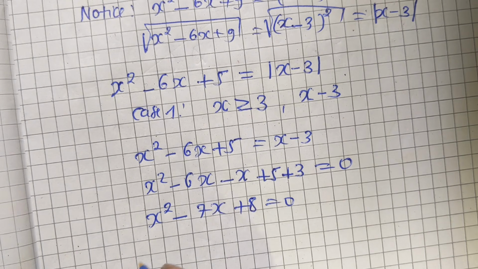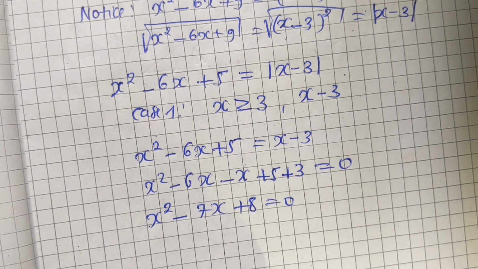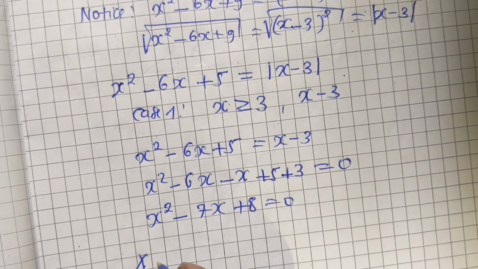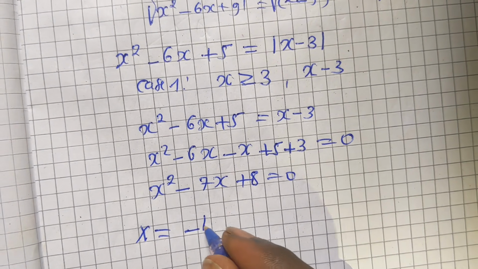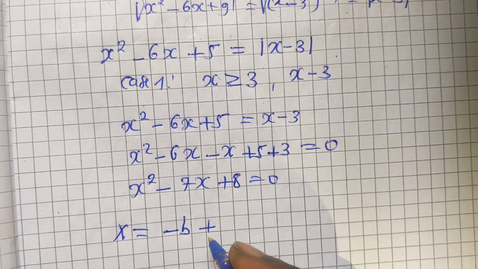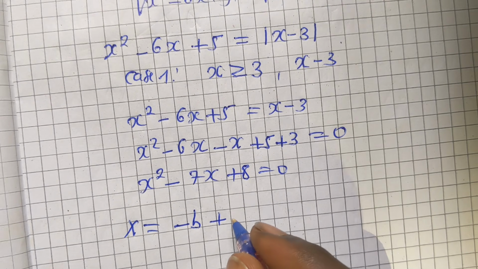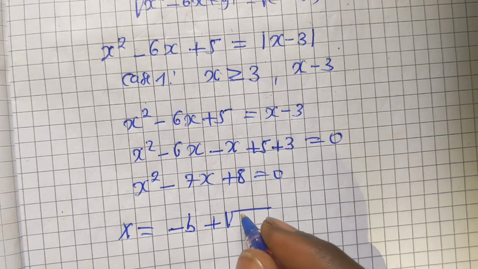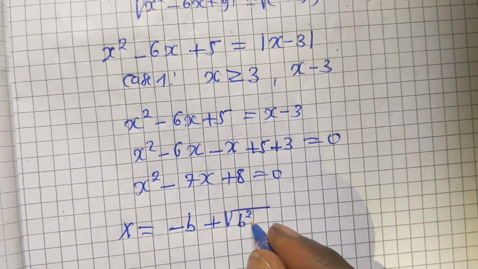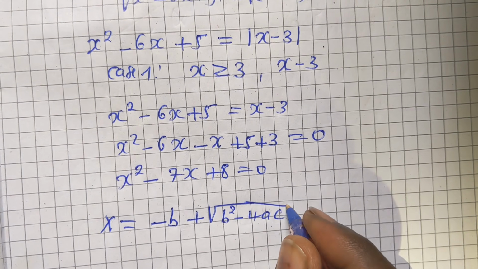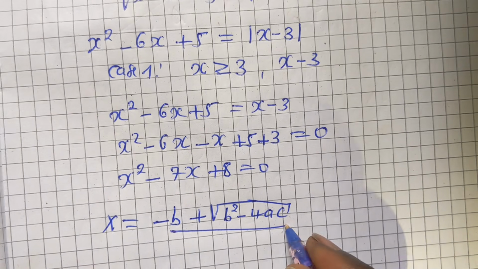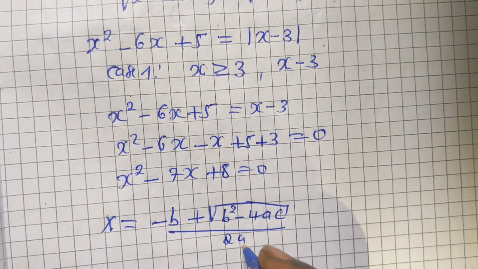So by this formula of the quadratic equations, we'll be having x equal to negative b plus or minus the square root of b square negative 4ac, then divide by 2a.